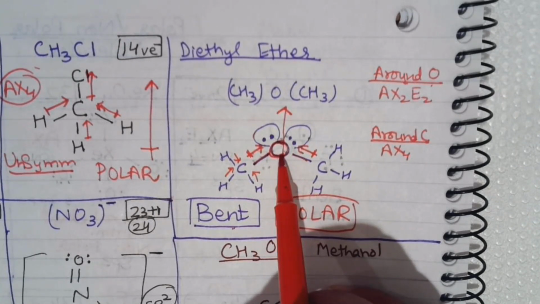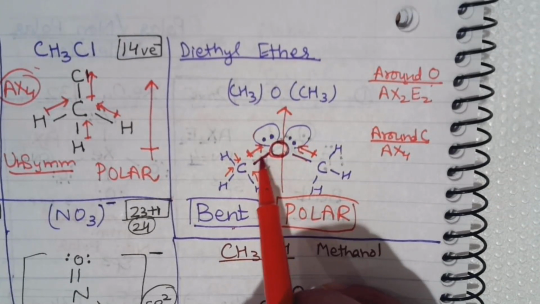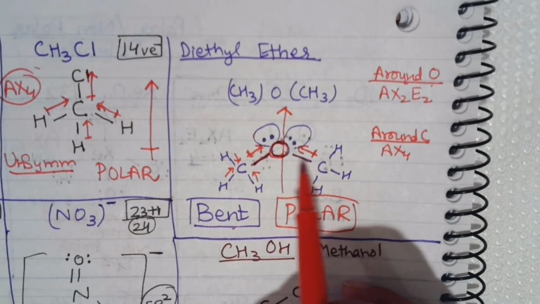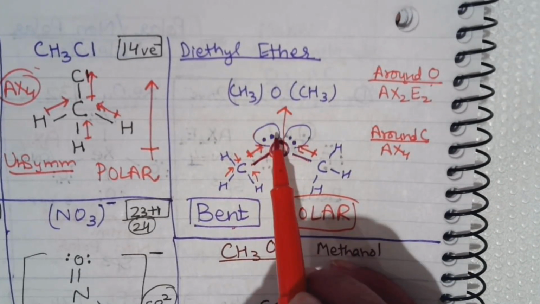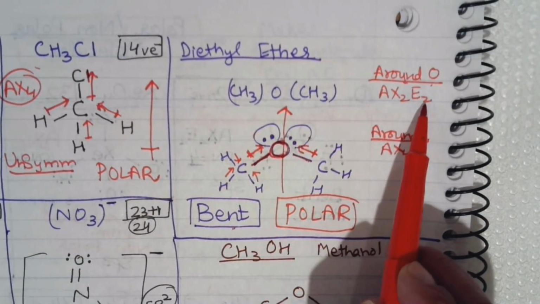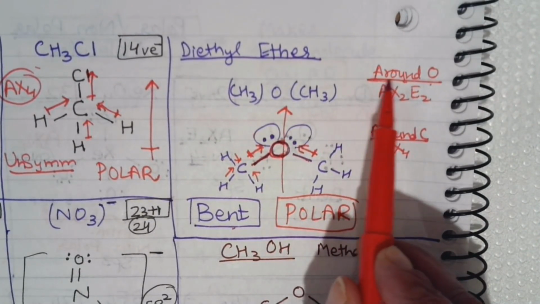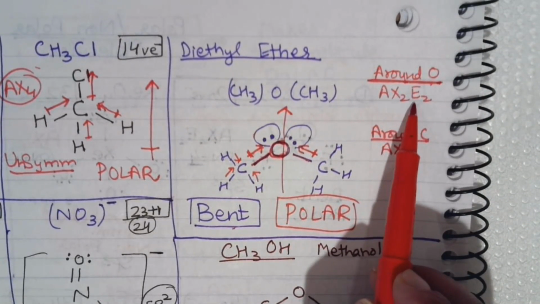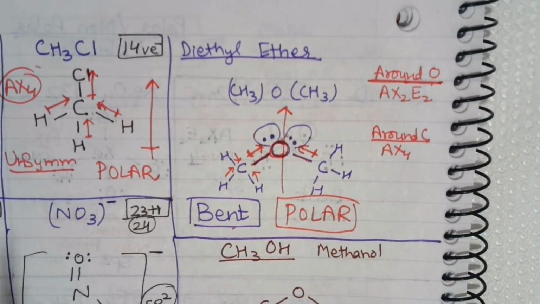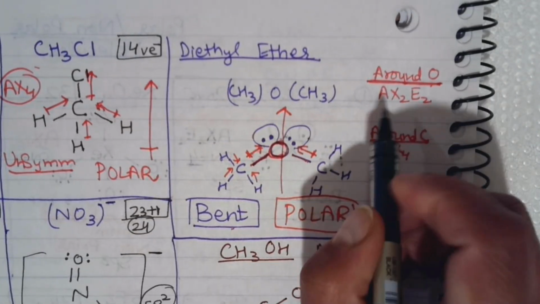It's making a bond with 2 carbons, so 2 bond pairs, AX2, and there are 2 lone pairs on oxygen, so E2. So around oxygen, the steric number is 4, and the shape would be bent around the oxygen.